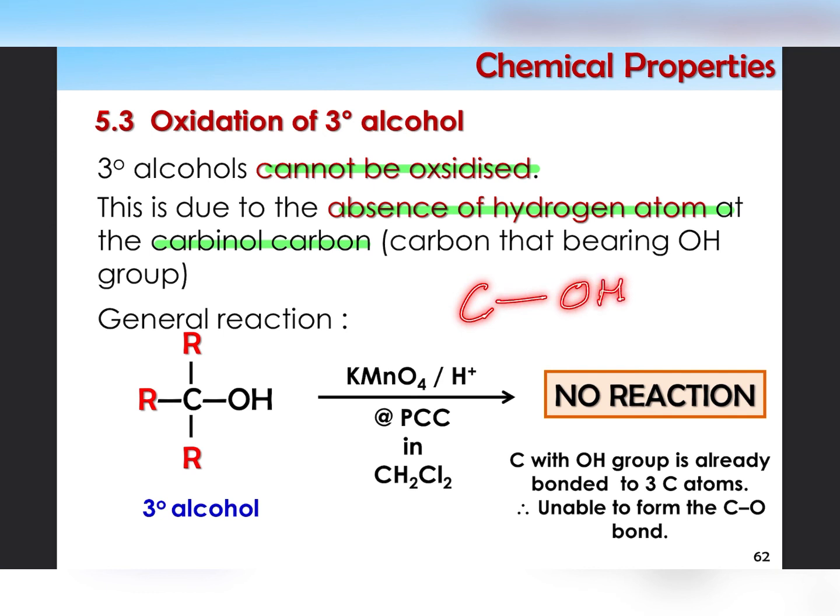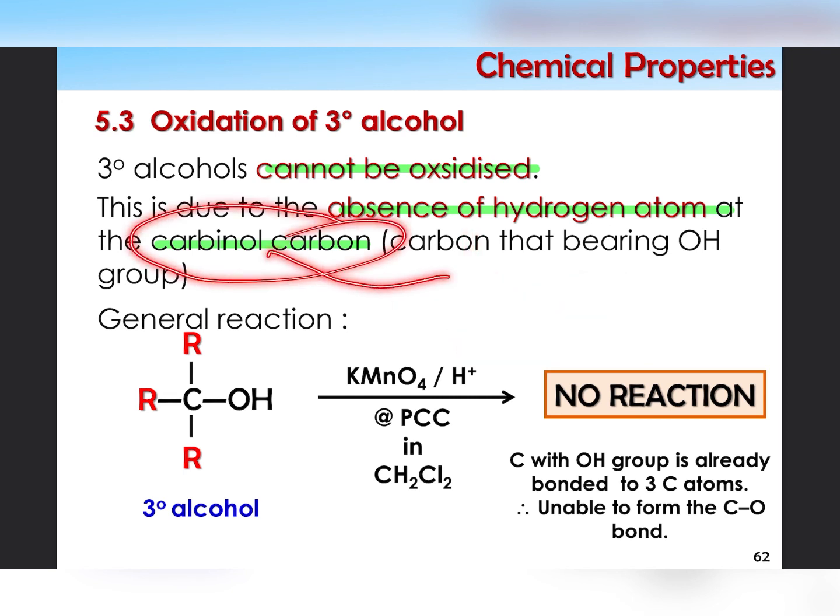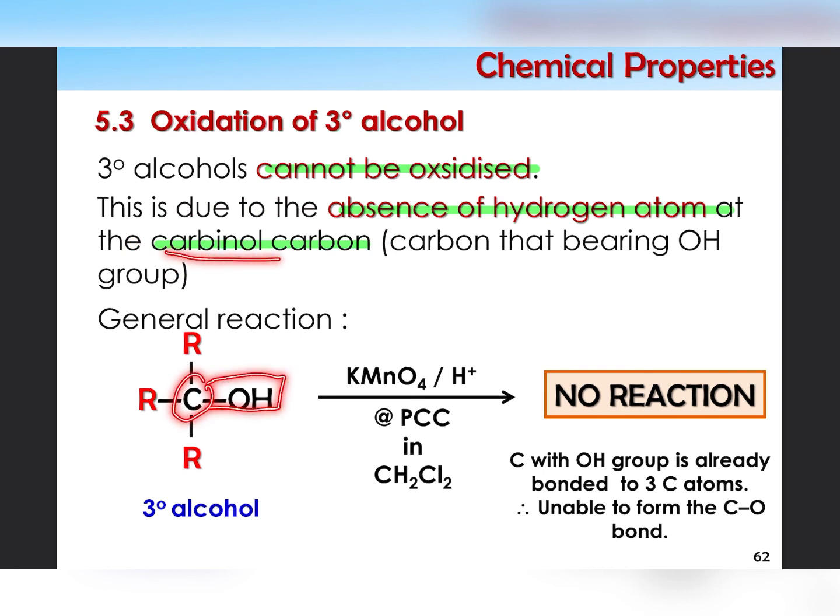Okay, so carbon ini tengok dia bond dengan siapa. So this carbon we call it as carbonyl carbon. So in this case, ini adalah the carbonyl carbon lah. So penting istilah ni nanti kita akan tengok iodoform test. So make sure you understand this term. Sorry, tertiary alcohol cannot be oxidized.